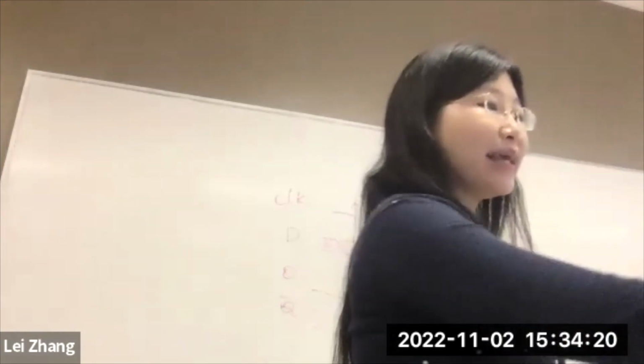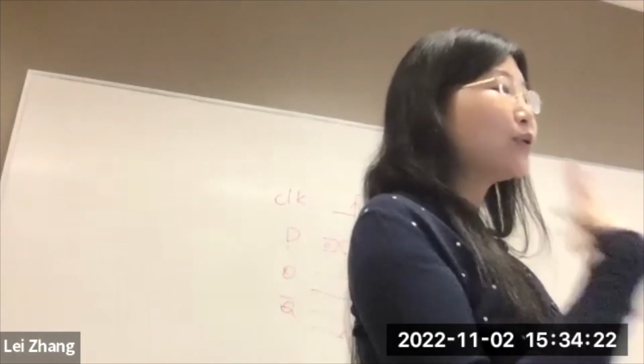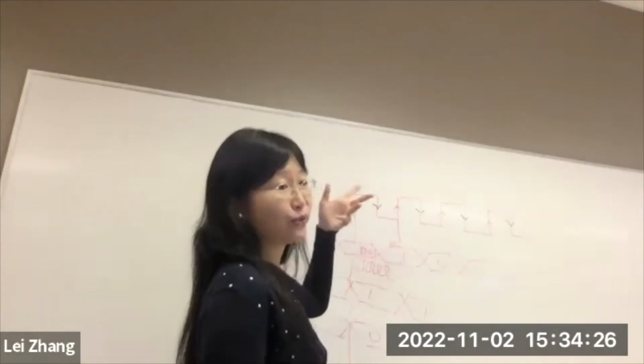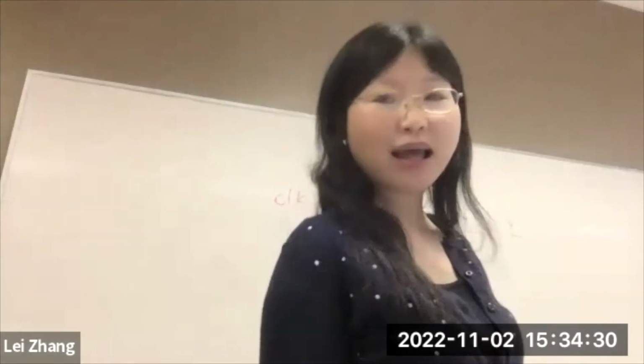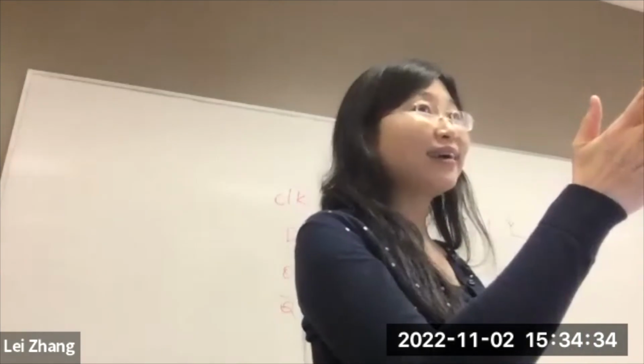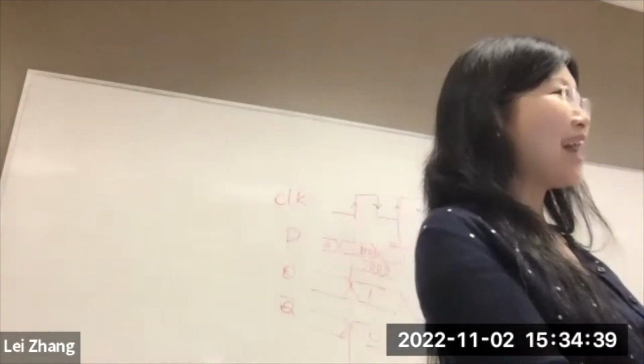We have the input X. Let's say we want to detect the rising edge of the clock. This is a very simple, interesting way of doing it. We have the input clock and we put an inverter there, and then we AND these two together.